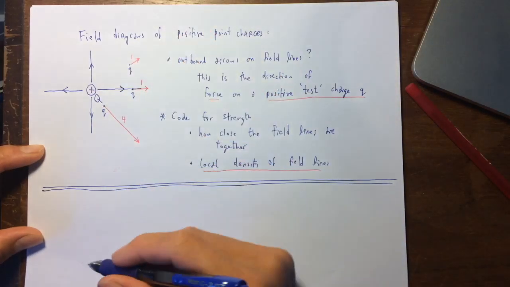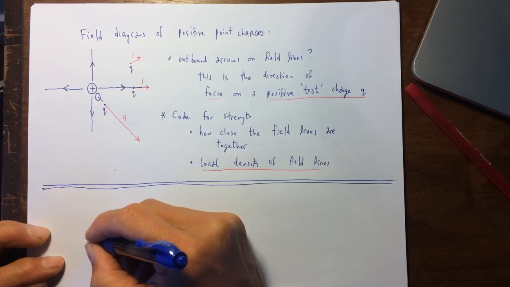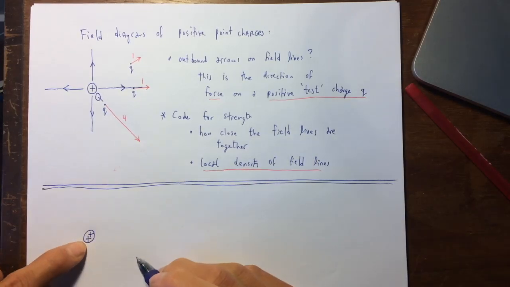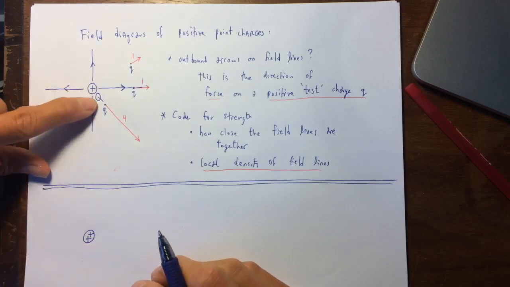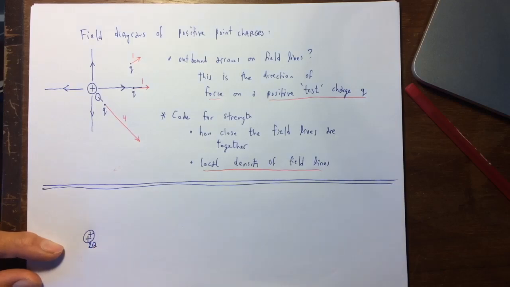So let's imagine a different charge, though. It's a thing that's very, very positively charged. So if this was just Q, let's imagine this charge being twice the charge.